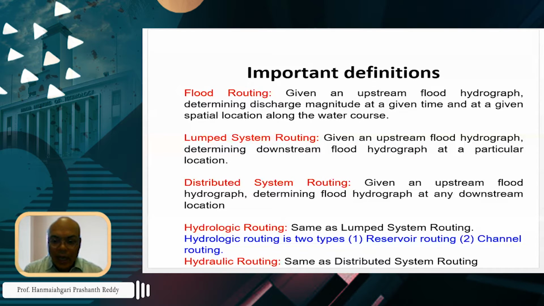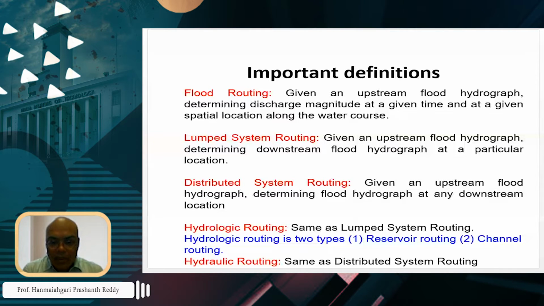So time is already included. Now we are finding the hydrograph at any downstream location, not at a particular location. This is called distributed system routing.